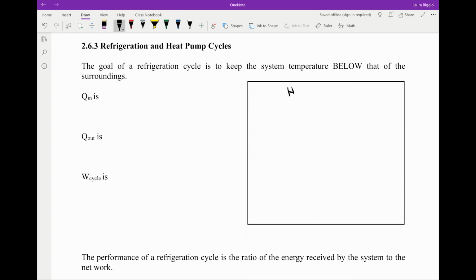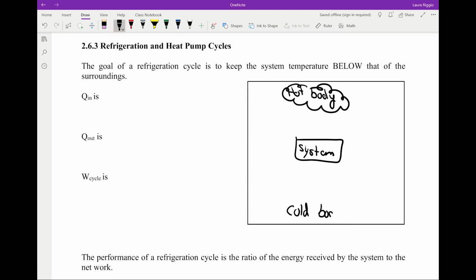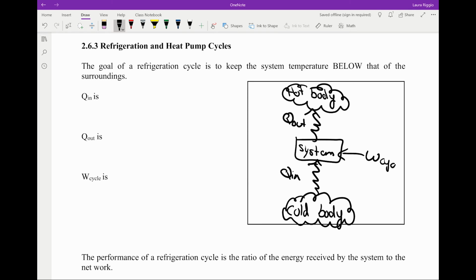So in this case, if I have my hot body and I have my system and I have my cold body, we have Q out and we have Q in, and this time we have W cycle into the system.